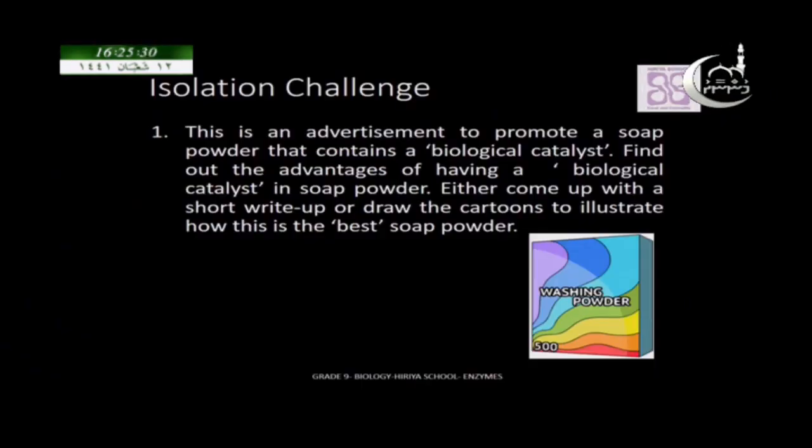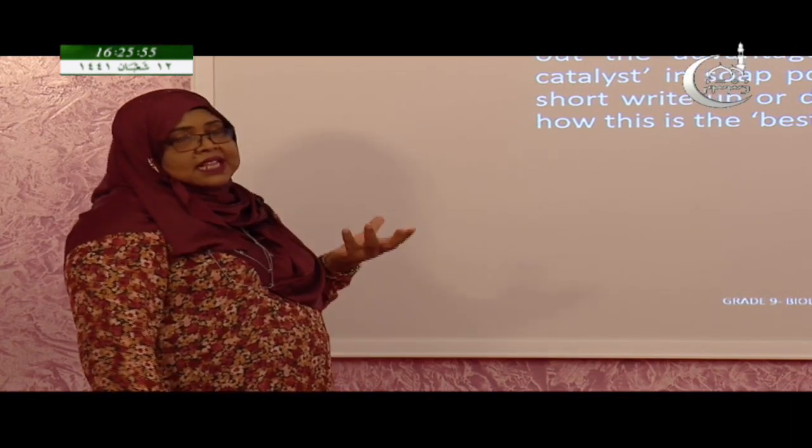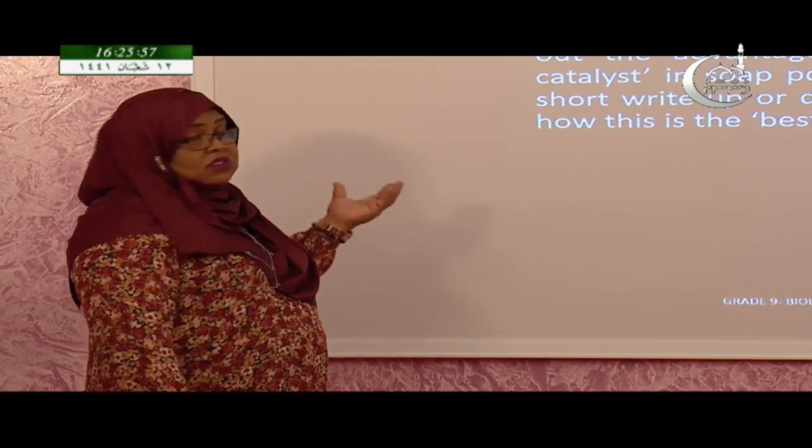I have given just an advertisement, nothing more; you are the one who is going to decorate it for me. It is a soap powder that contains a biological catalyst. Find out the advantage of having a biological catalyst. Either come up with a short piece of creative writing, or draw cartoons to illustrate how this is the best soap powder, and once you finish, exchange it with your classmates or send it to your teacher. This could be a good teaching aid.